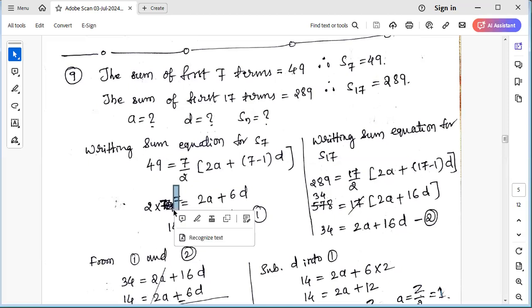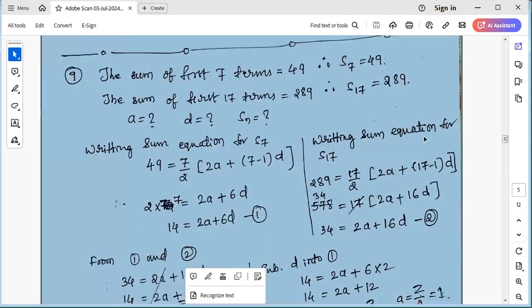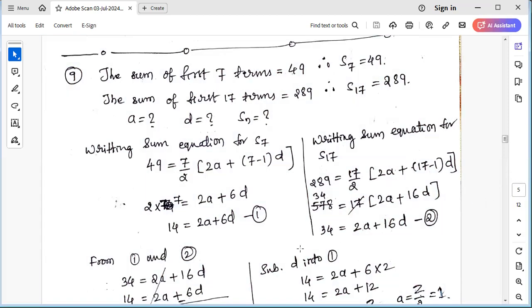So here we can cancel out, 7 ones are 7, 7 sevens are 49. So 7 is left here. This 2 comes to the LHS, so it becomes 2 into 7. 2 into 7 is equal to 2a plus 7 minus 1, which is 6, into d. So 2 into 7 is 14, equal to 2a plus 6d. This is equation 1.